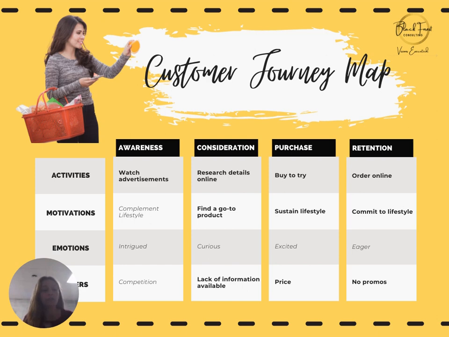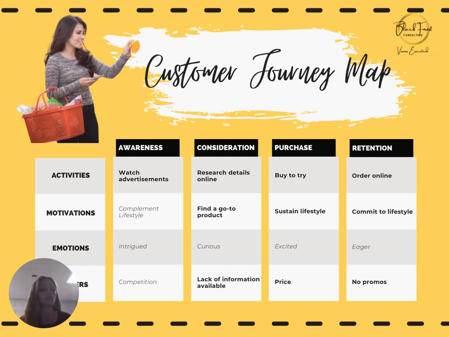And then the barrier, that's the competition. Now she's narrowed it down between, let's say, Verizon and T-Mobile, so she's weighing her odds there. Now she's at the consideration phase. She's researching the details online, and she's finding a comparable product for both of them.